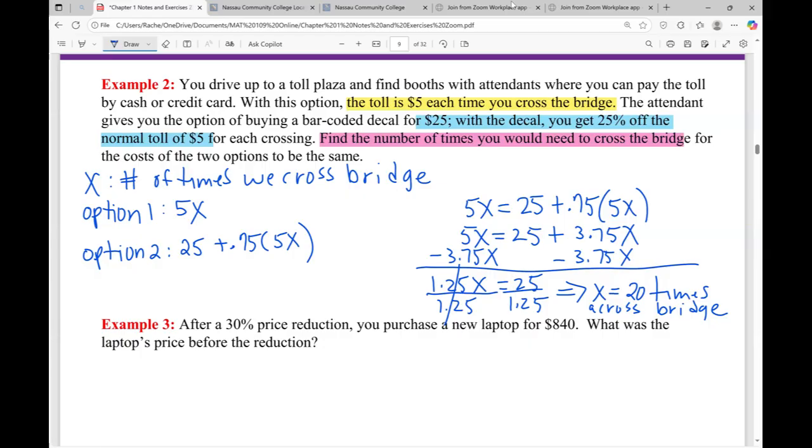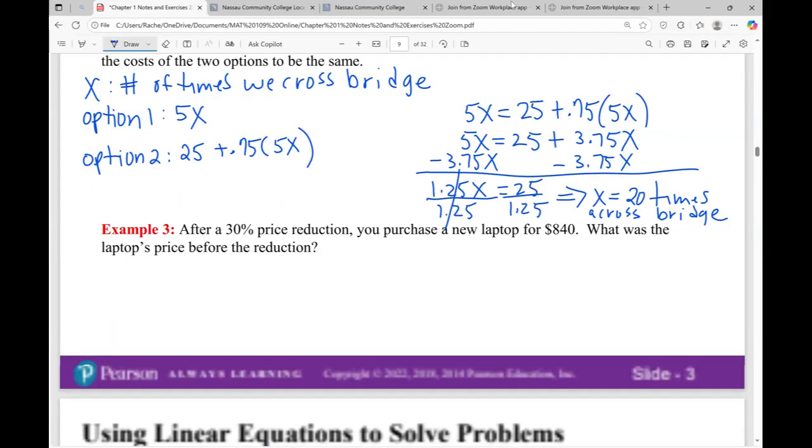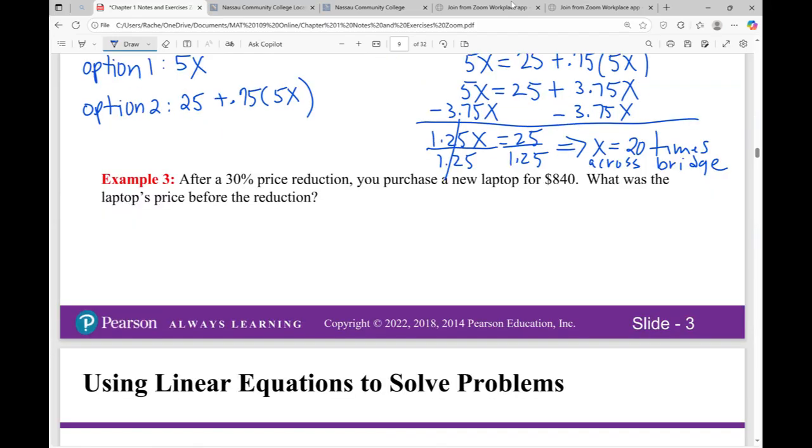All right, so let's look at example 3. Example 3 says, after a 30% price reduction, you purchase a new laptop for $840. What was the laptop's price before the reduction? So we're trying to figure out what was the laptop's price before the reduction. So let's let x be whatever we're trying to figure out.